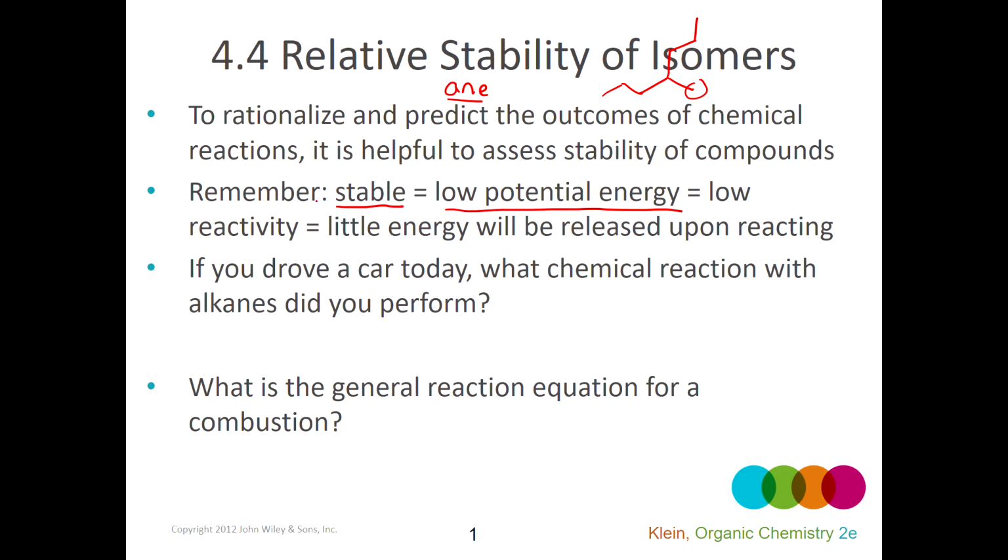That's what stable means. It's not likely to react. It has low reactivity. It doesn't have much potential for change because the particles present are already attracting strongly. So there's very little energy that could be released upon reacting if it's stable. It doesn't have the potential to release energy.